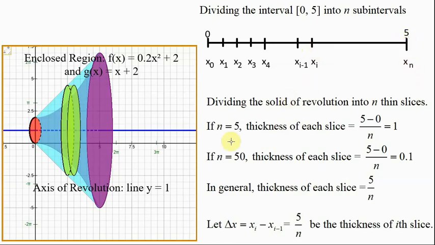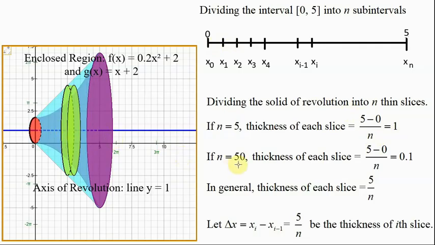And so let's say that n is 5, meaning we want 5 subintervals, and then the length of each subinterval will be 1, since 5 minus 0 divided by 5 is 1. And so the thickness of this disk will be 1.